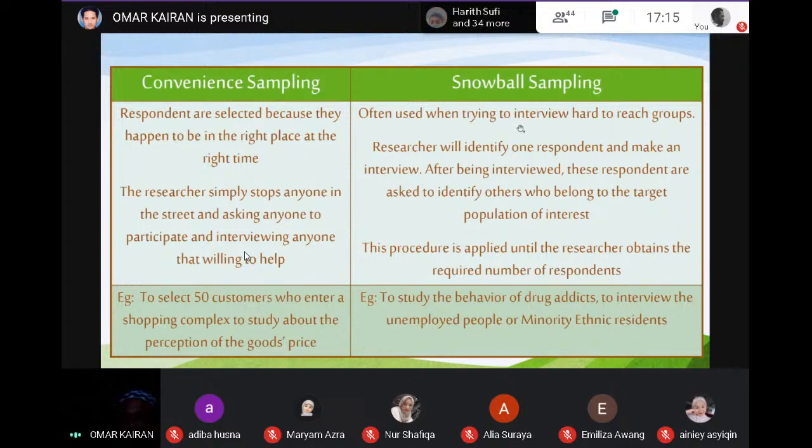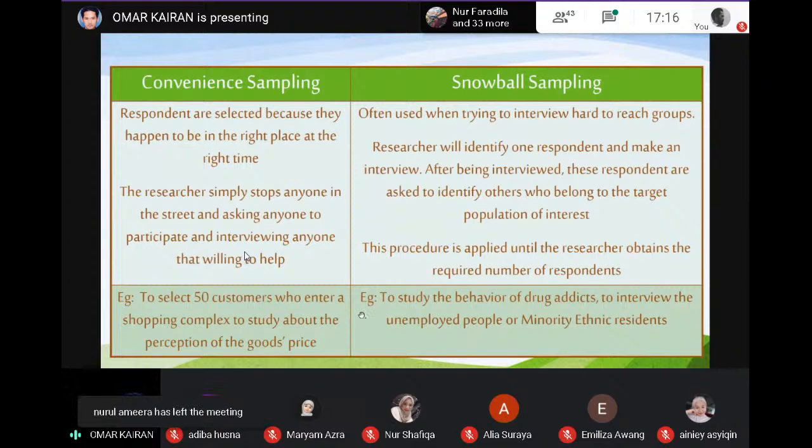So that is called snowball sampling. This procedure is applied until the researcher obtains the required number of respondents. So it happens until you get the number of sampel yang you nak. Kalau you contohnya dah sampai 50, stop situ sajalah. Kalau you nak sampel itu 50 saja. So that is what we call snowball sampling.